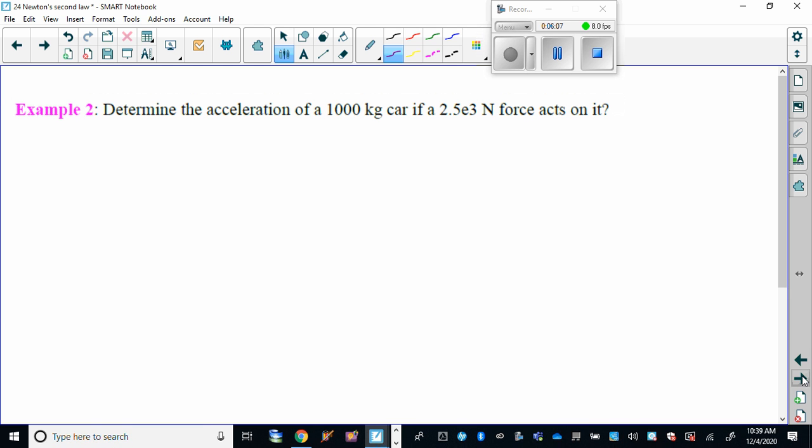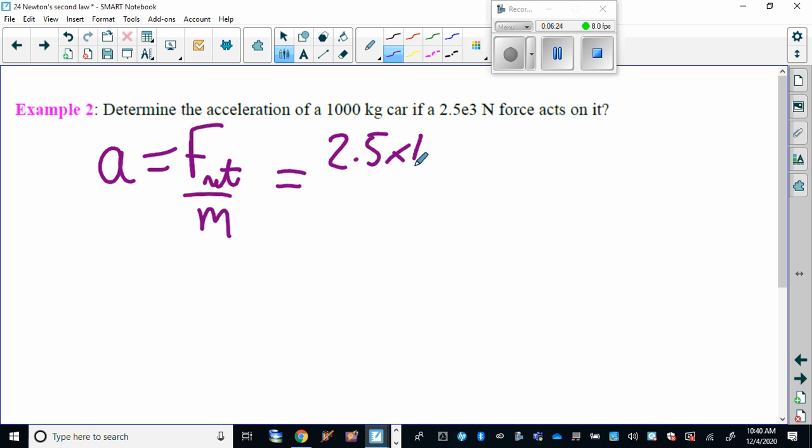Example number 2 is also pretty easy. It says determine the acceleration. This is great because that's how the formula appears on your formula sheet. A 1,000 kilogram car, a force of 2.5 times 10 to the 3 newtons acting on it.